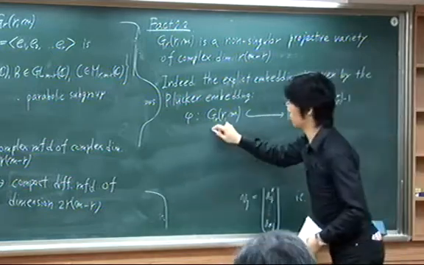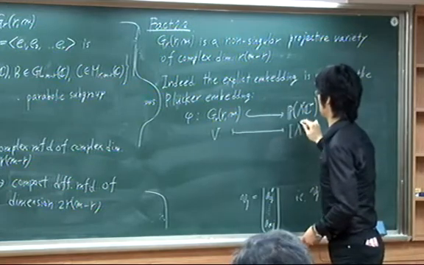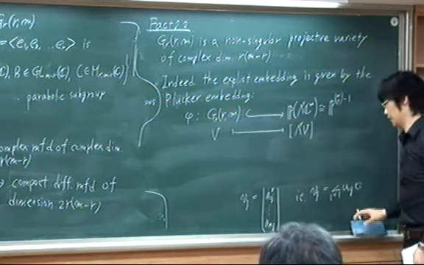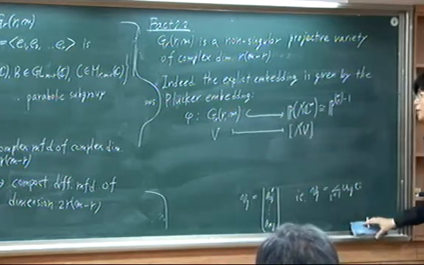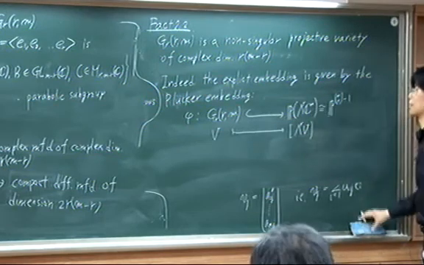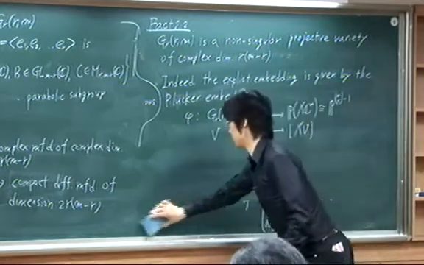Since V is r-dimensional, its r-th exterior power is one-dimensional, which determines a line in this vector space. This is the Plücker embedding.